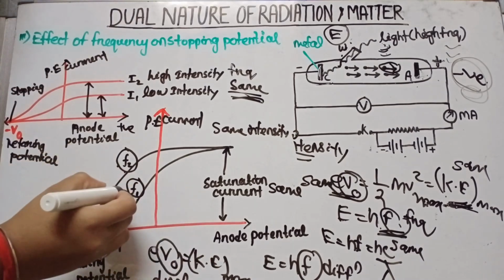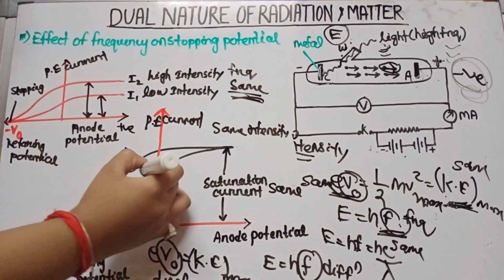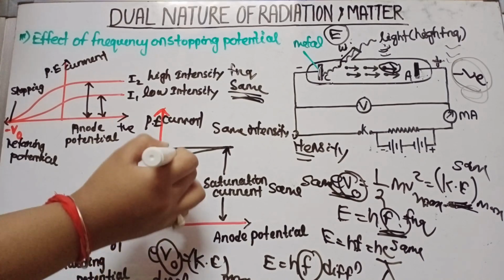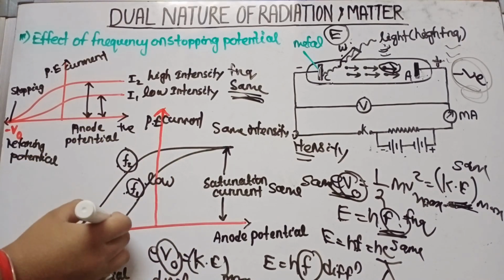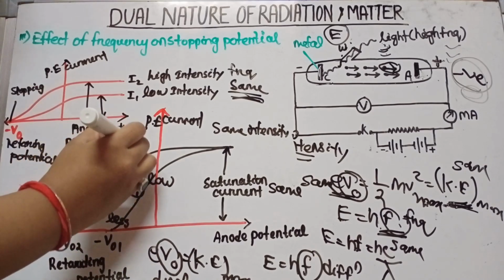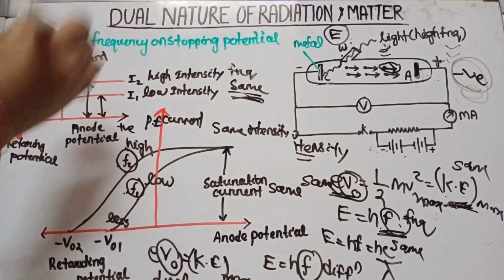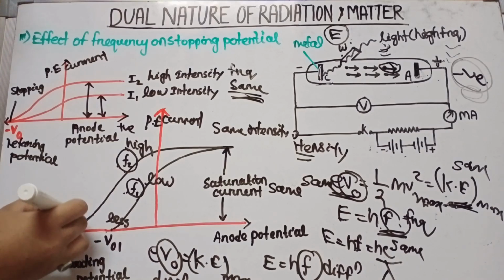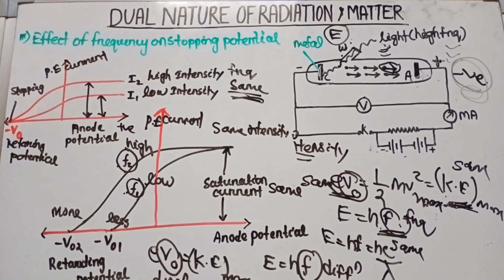The radiation which has low frequency has a lower stopping potential. The radiation which has high frequency has a higher stopping potential. Okay student, are you clear on that?